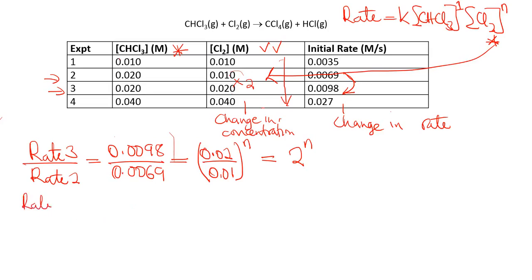So when we do that, rate 3 divided by rate 2 is equal to this divided by this one. And what is the answer for this one?